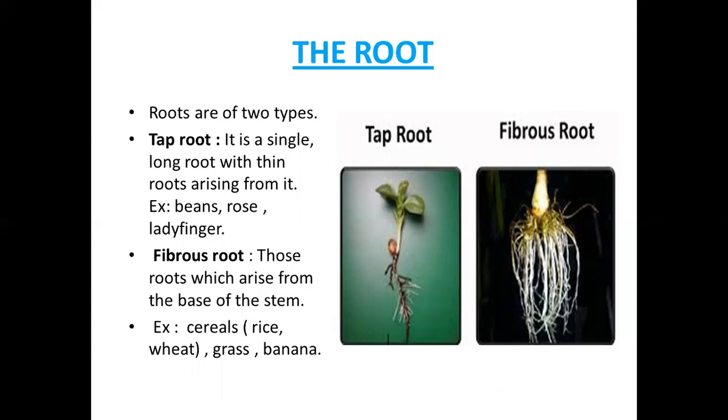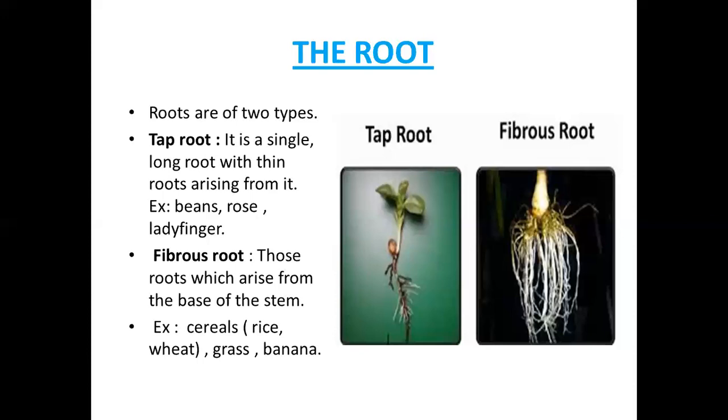So here one long root is there, and from that long root so many small roots have arisen. So from this single long root, the thin roots are arising. This is called taproot. We can say that taproot is a single long root with thin roots arising from it.